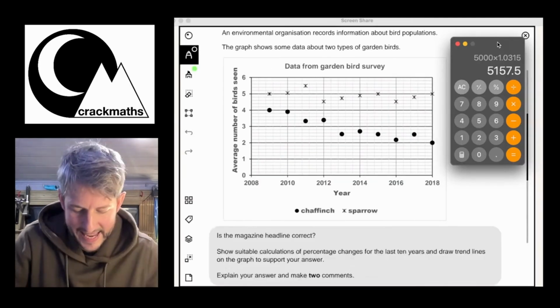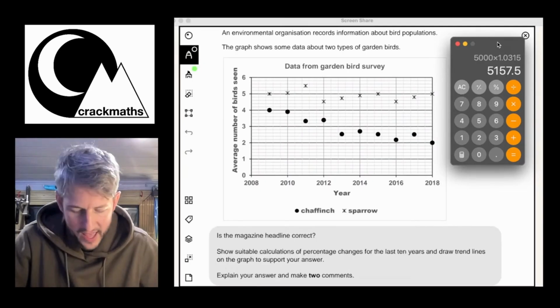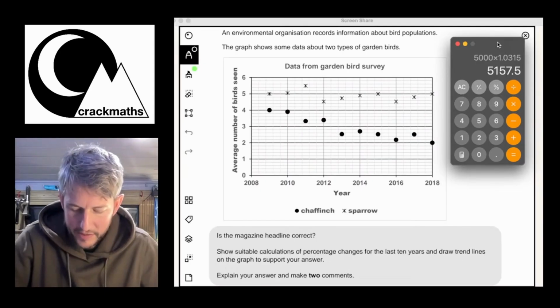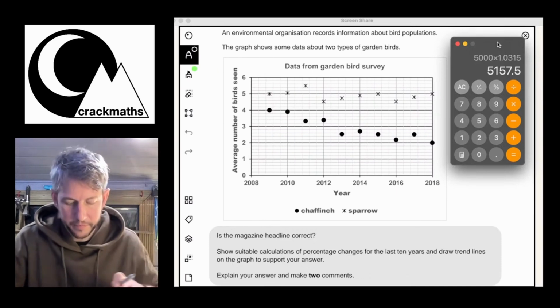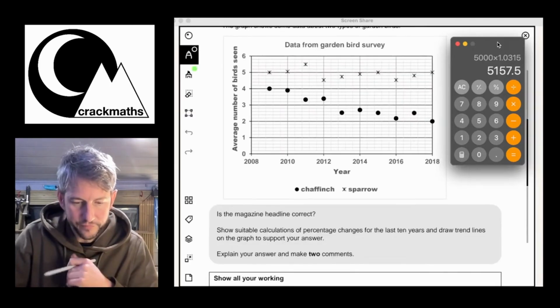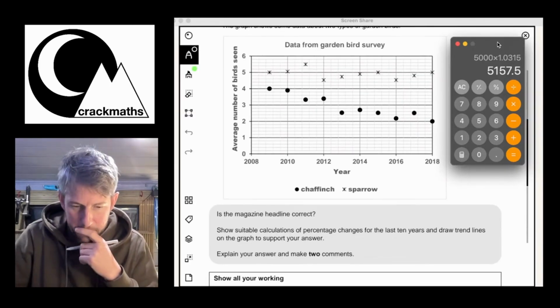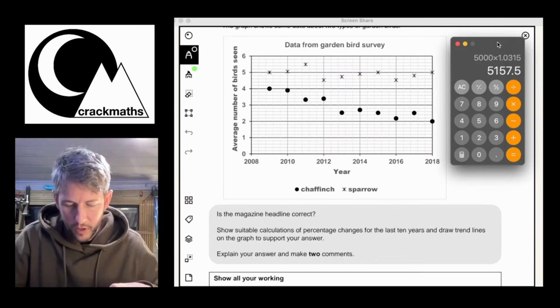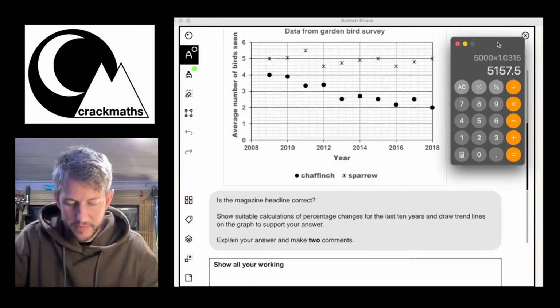Is the magazine headline correct? Show suitable calculations of percentage changes in the last 10 years on the graph to support your answer. Make 2 comments. Okay, so, right. Make suitable calculations of percentage change.